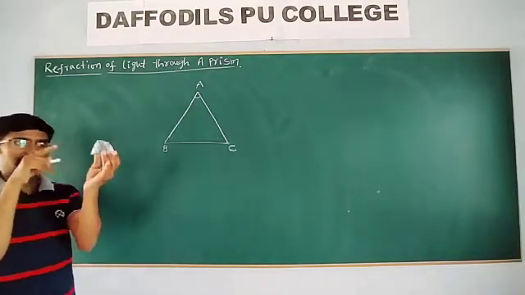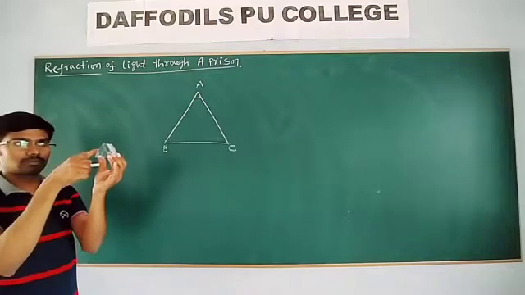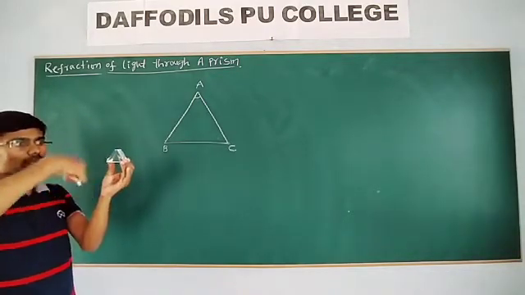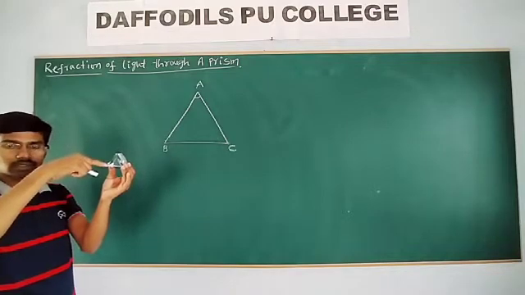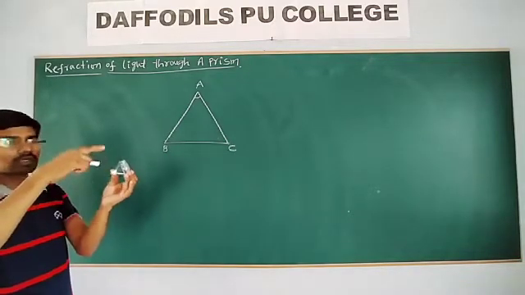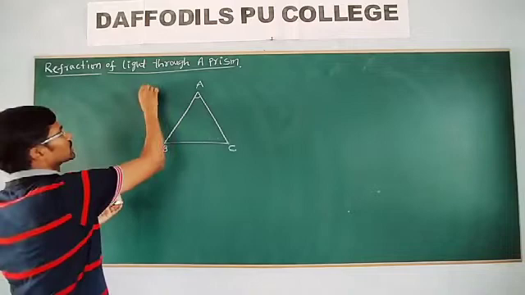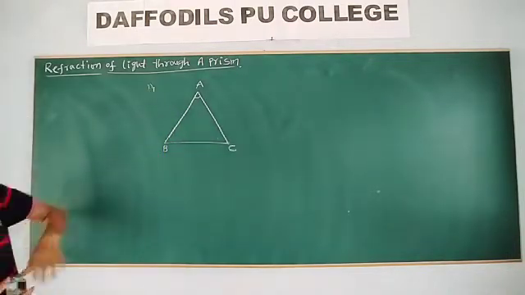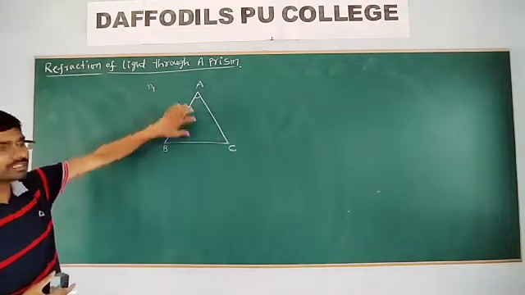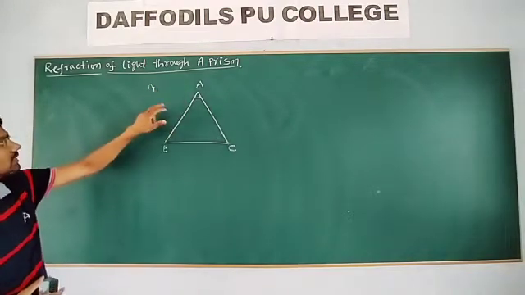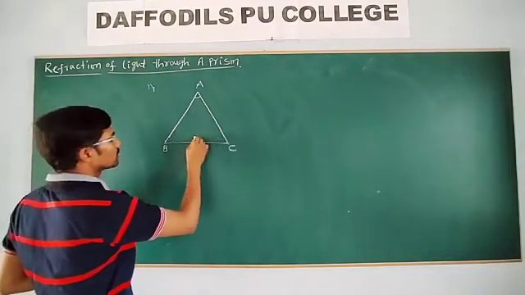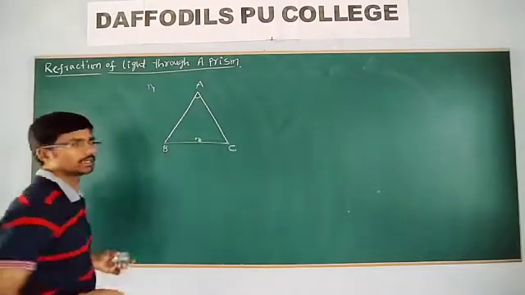Whenever a light ray is incident on the first phase of the prism, it is refracted. In what medium is this prism present? Let us take the refractive index of that medium as n1, the medium in which the glass prism is present, whereas the refractive index of the prism is n2.